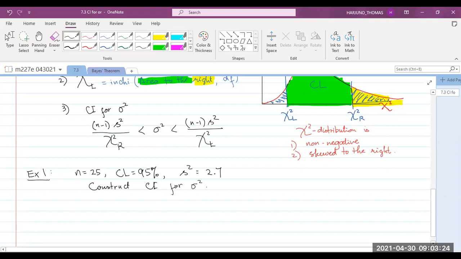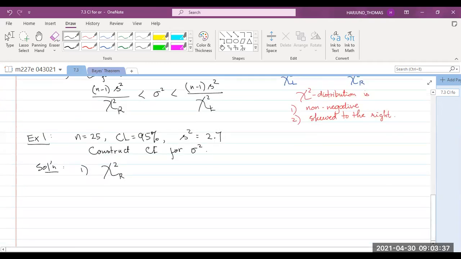So our step 1 will find chi-squared right. This is chi-square distribution. Okay, 95% is the confidence level. That's the area in between.